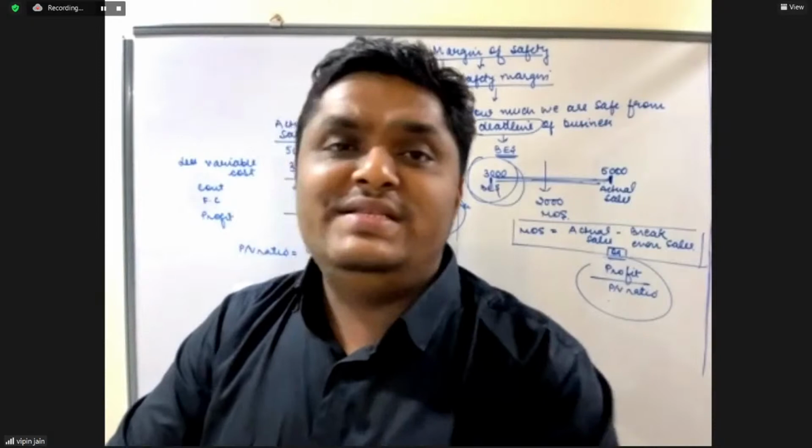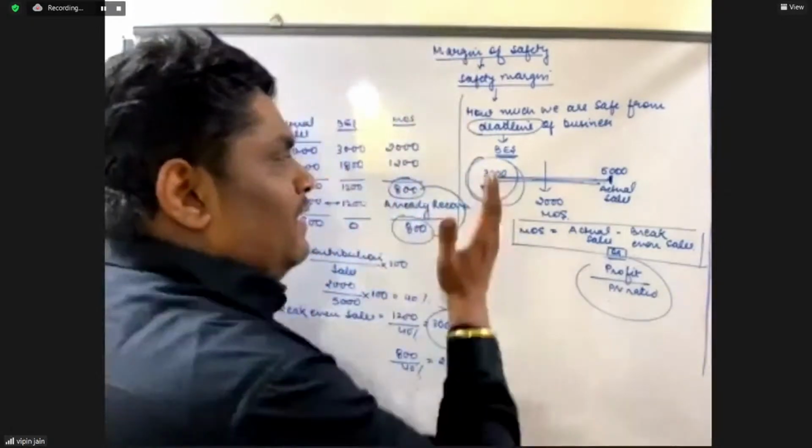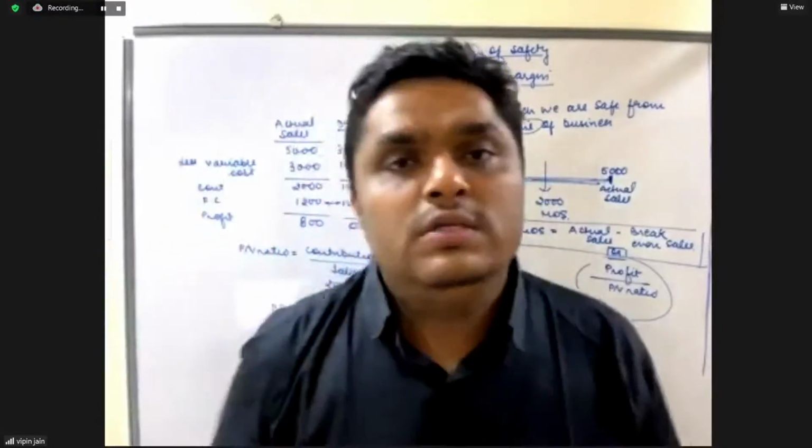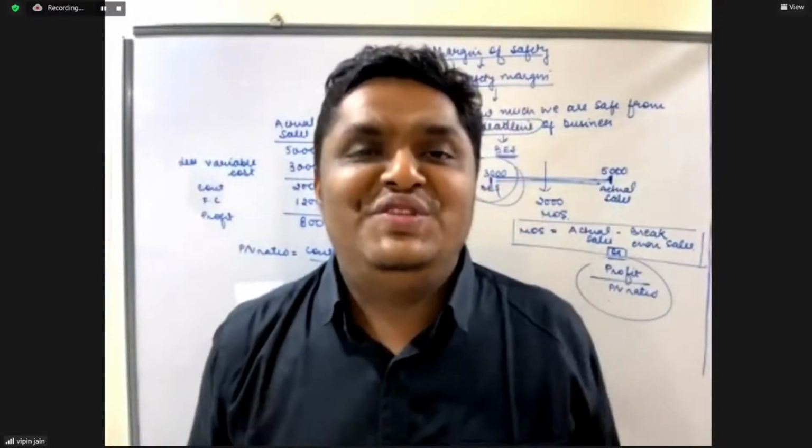So if the actual sales is less than break-even sales, so see, this is my dead point. If sales goes below this, we call it a loss. So if there is loss, then there is no margin of safety.